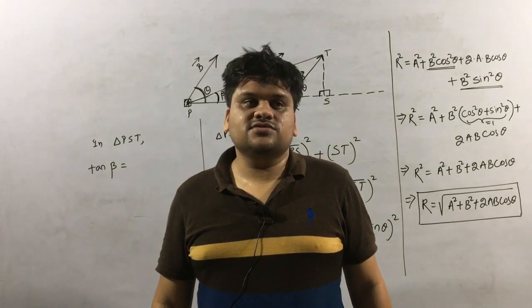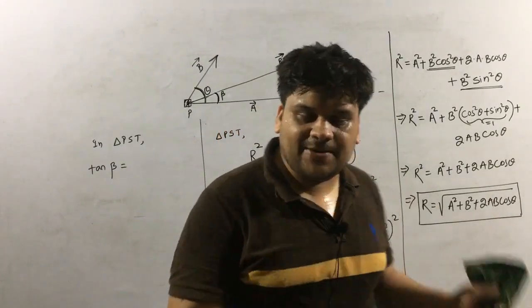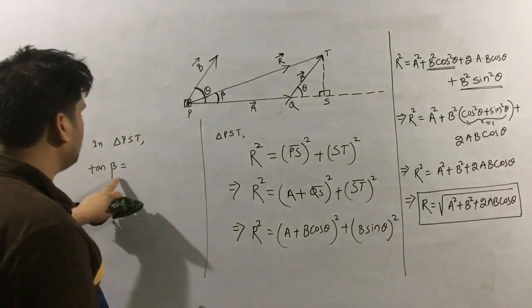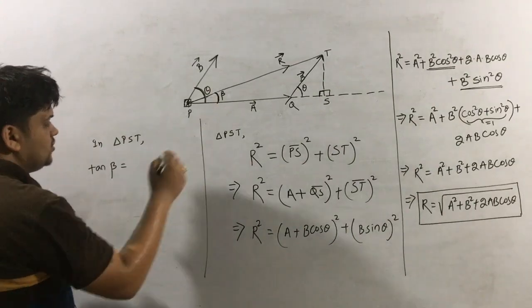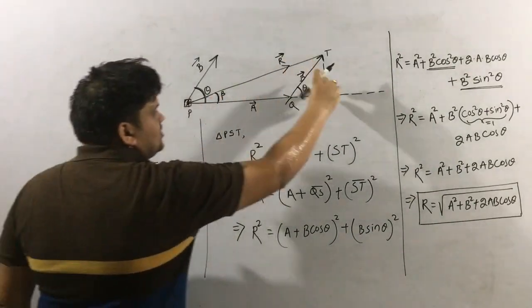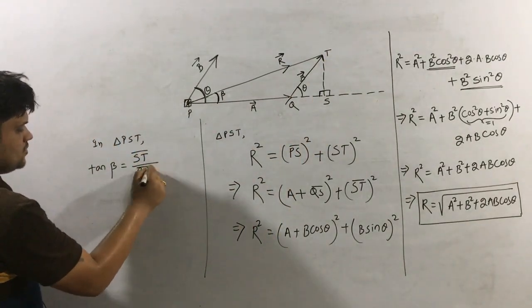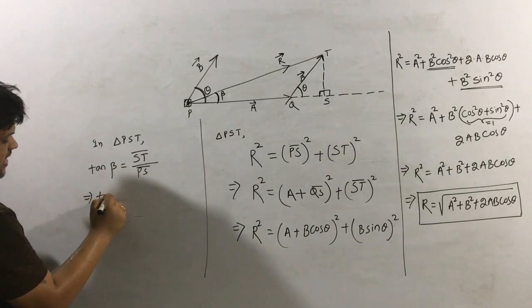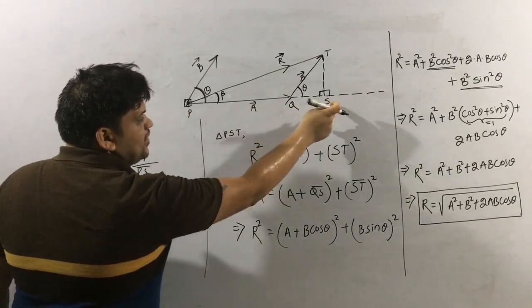But if you write in terms of tan, then you don't have to find the value of R. Let me first find it, then I will tell why I have not written sin beta or cos beta. Tan beta will be equal to how much? In this triangle, perpendicular by base, so ST divided by PS. So tan beta equals ST divided by PQ plus QS.